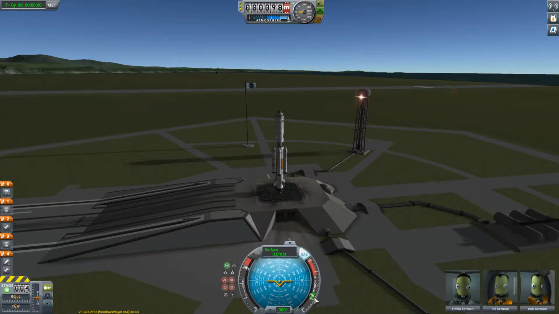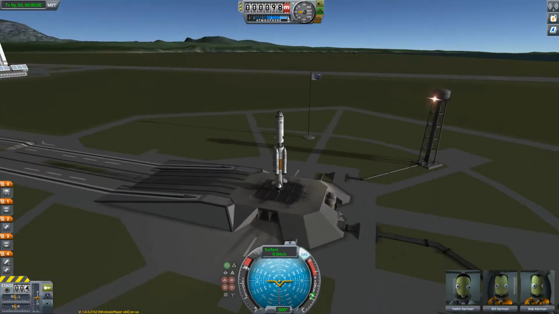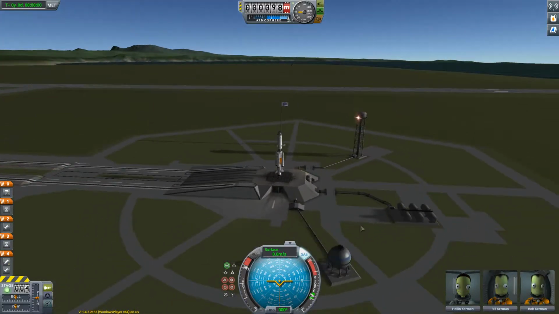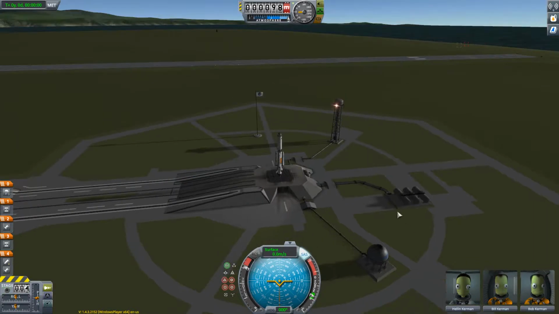We are currently at slightly less than 1G, which is standard Kerbin gravitational forces. 1G, by the way, in reality is standard Earth gravity, which is what G's are measured in. 1G is 1 times Earth gravitation. 2G's is 2 times Earth gravitation. And it goes up from there. We're probably not going to get up to here. We're probably only going to get up to 2 or 3 G's.